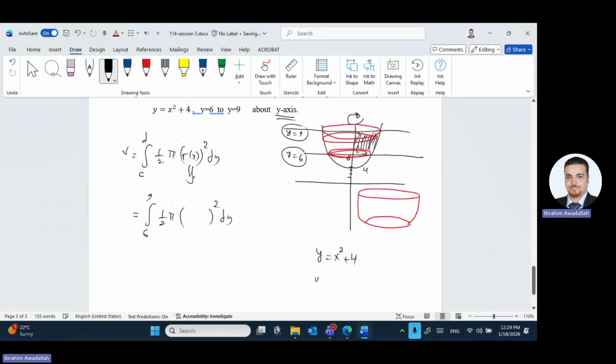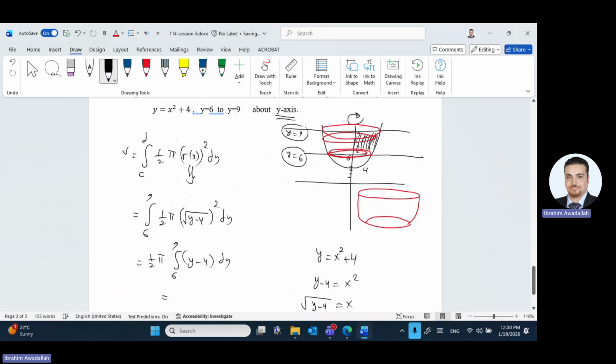Flip this to the other side, y minus 4 equals x squared. Take the root, root of y minus 4 equals x. So here, the function will be the root of y minus 4. This root with the square will be cancelled, both positive, so no need to take positive or negative, or take absolute value, I mean.